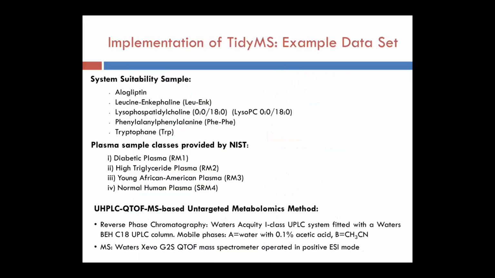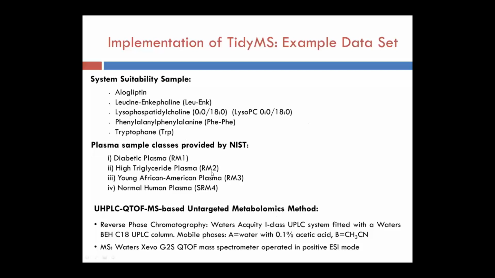And so to illustrate the implementation of TidyMS, I'm going to provide one example data set that comprised a system suitability sample and plasma sample classes provided by NIST. The system suitability sample comprised 5 chemical standards, and the plasma samples included diabetic plasma, a high triglyceride plasma, young African American plasma, and the normal human plasma, which is the SRM 1950.